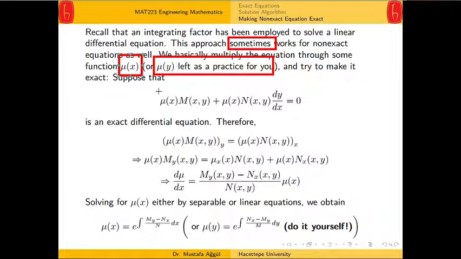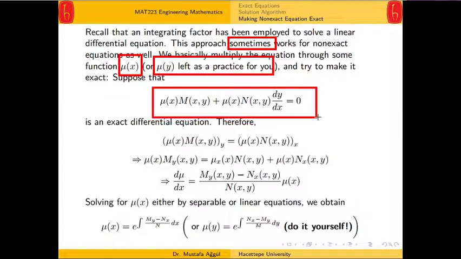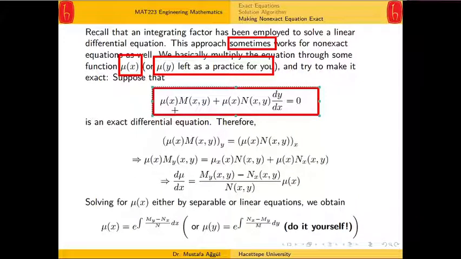Now the original differential equation is multiplied by mu of x on both sides. So this will be mu of x M(x,y) plus mu of x N(x,y) dy/dx equal to 0. And we say, let's assume this is an exact differential equation because we multiplied it by an integrating factor mu of x.